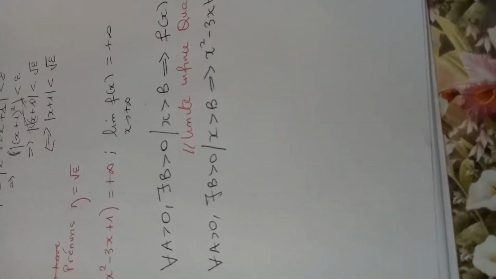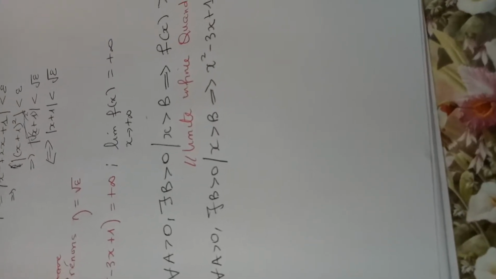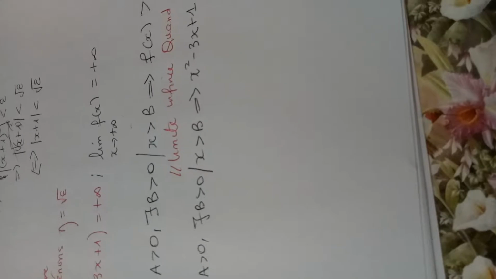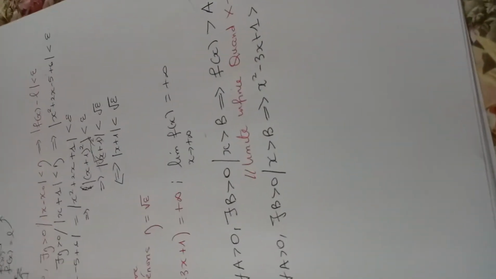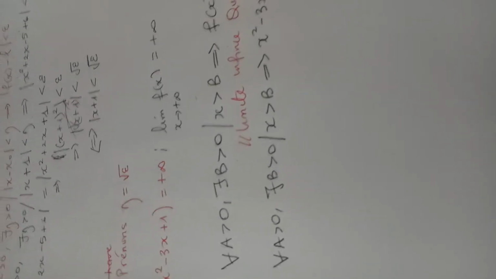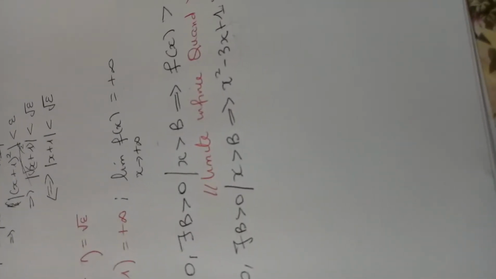Just like we did last time, instead of us taking f of x minus 7 less than epsilon, we took 19 x minus 2 to be less than epsilon. So here, this is what is going to happen. Instead of me having x squared minus 3x plus 1, I can find a number that is less than this, and then it will also work.